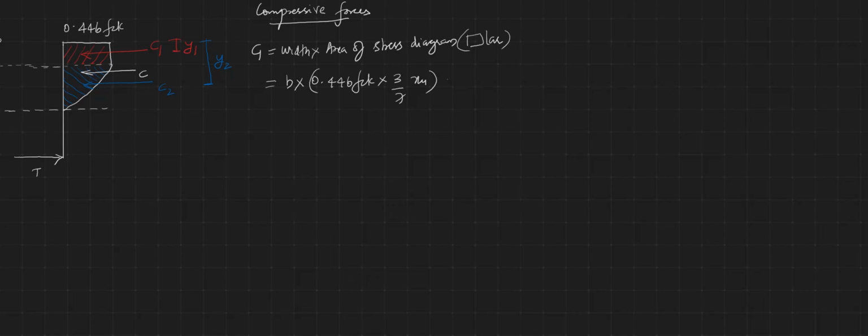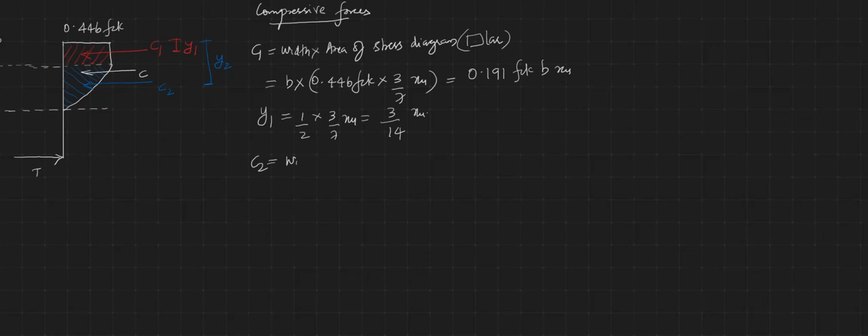You will get this value as 0.191 FCK B XU, and this is acting at a distance of y1, where y1 is equal to 1 by 2 of 3 by 7 XU. You'll get it as 3 by 14 XU.